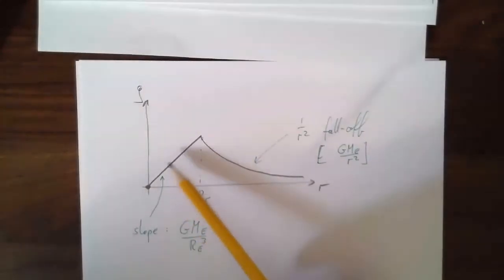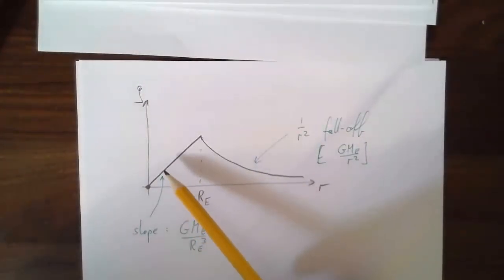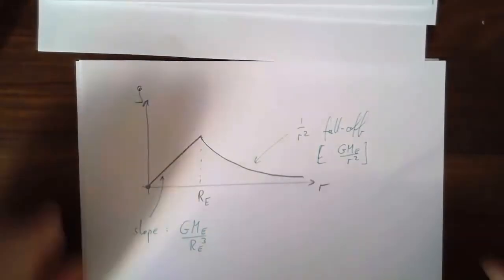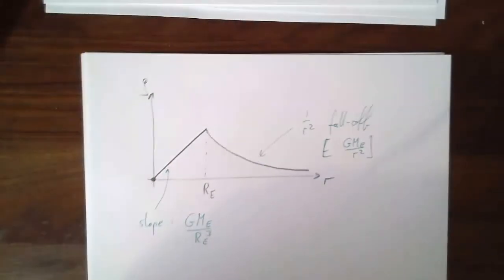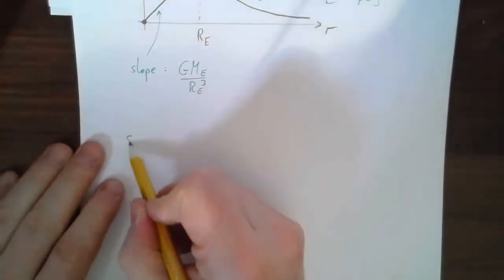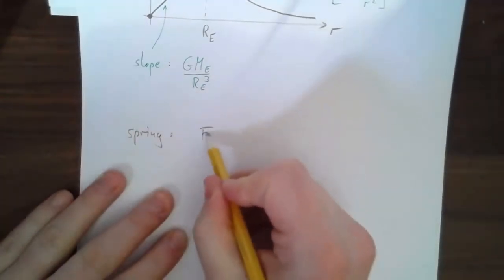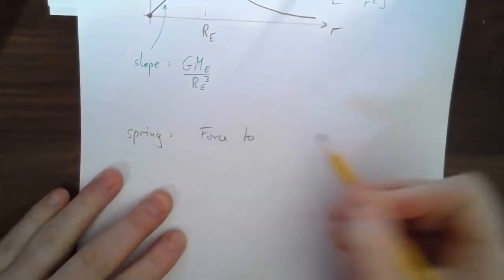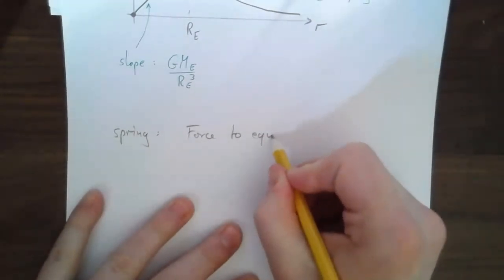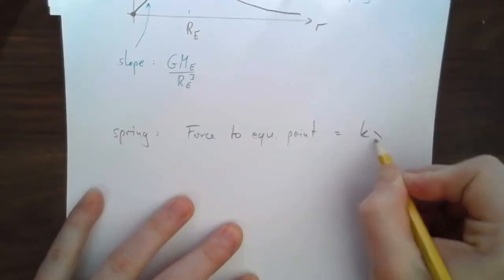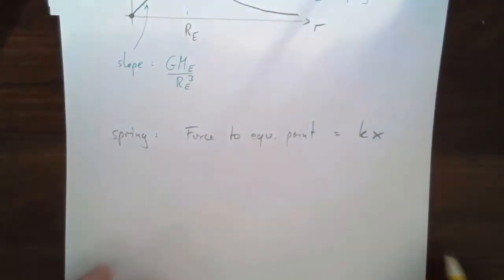So that's kind of funny that inside the Earth, you get a force that's towards the center that is linear. Where have you met this before? Now again, it depends a little bit on what examples you spend time on in 161, but you might remember that a spring has a force toward an equilibrium point that's equal to kx, some constant times displacement from the equilibrium point.